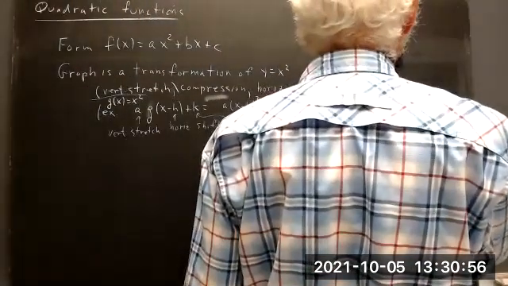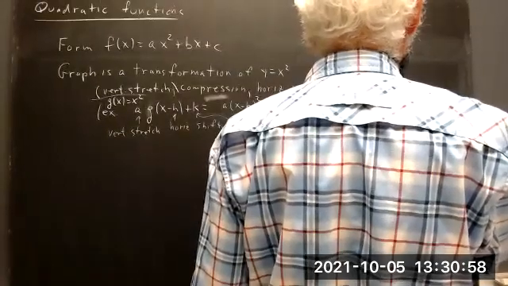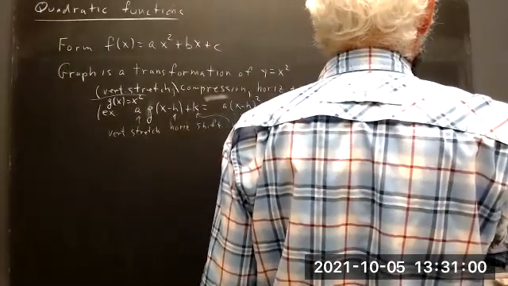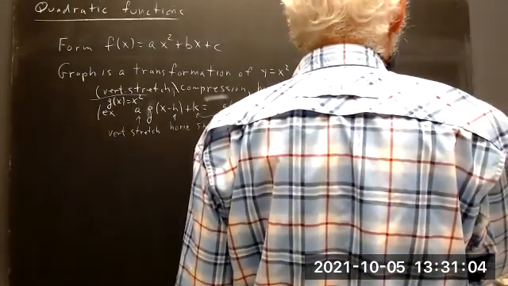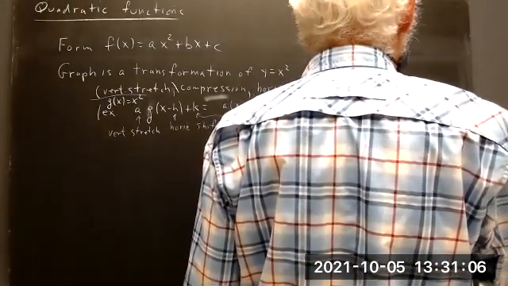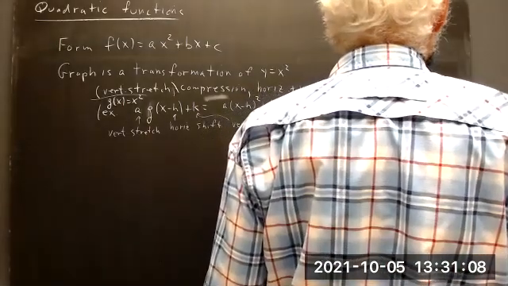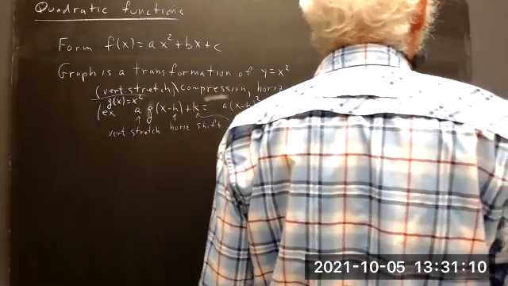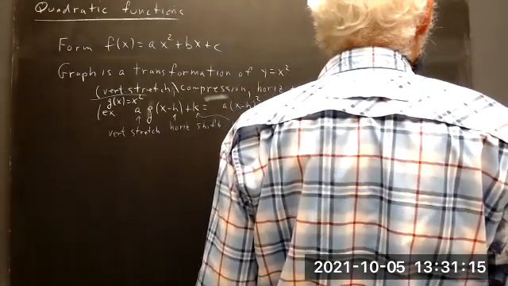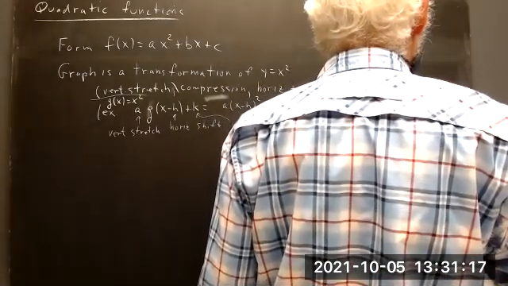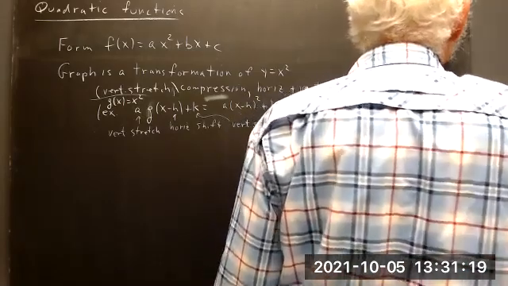And this is ax squared plus bx plus c, where b equals negative 2ah and c equals a h squared plus k.